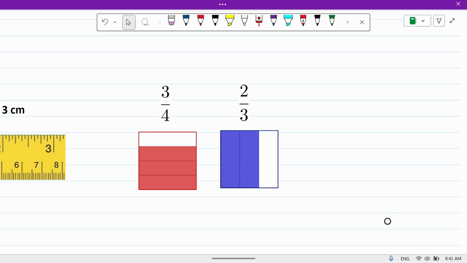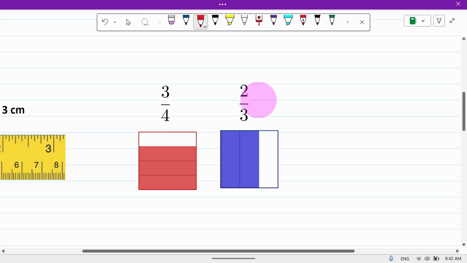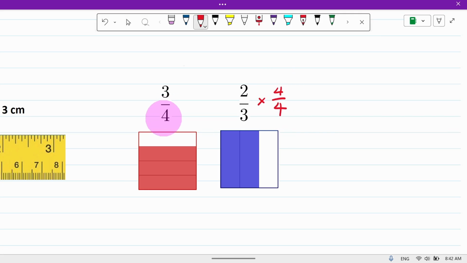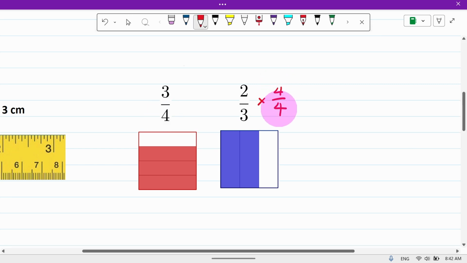To transform the fractions 3/4 and 2/3 into the same denominator, we multiply 2/3 by 4 divided by 4. I've chosen 4 as a number because of the opposite denominator being 4. Now we know that 4 divided by 4 is equal to 1.